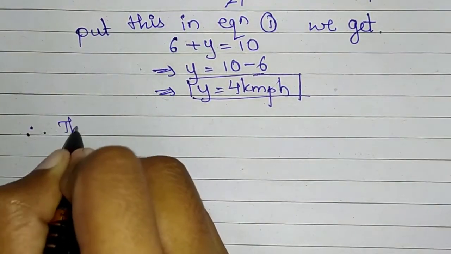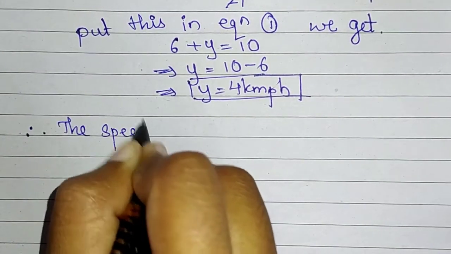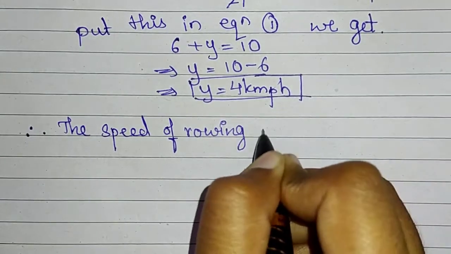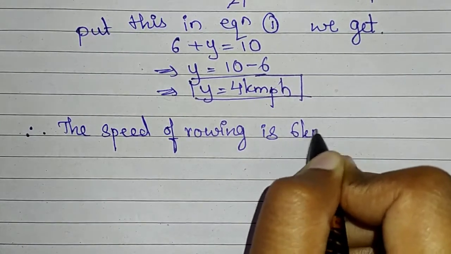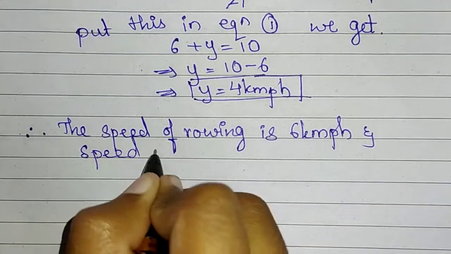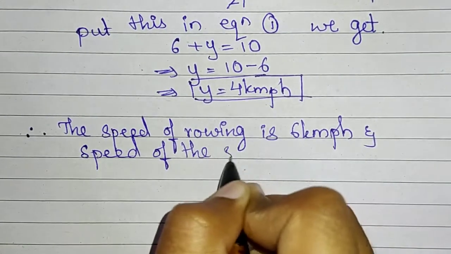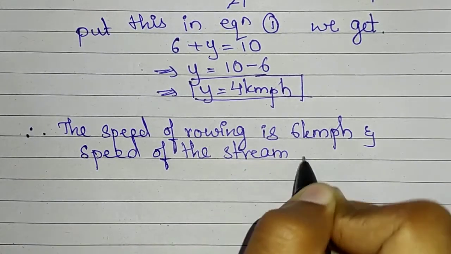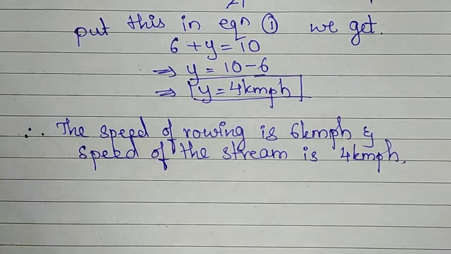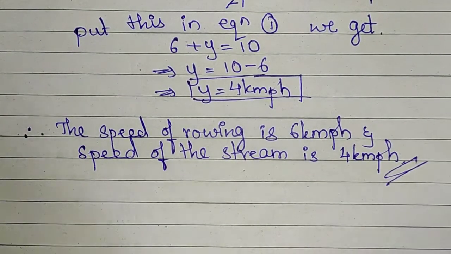Therefore the speed of rowing is 6 km per hour, and the speed of the stream or the current is 4 km per hour. This is the required solution for the first sub-question of the second main. The second sub-question is based on inverse proportionality.